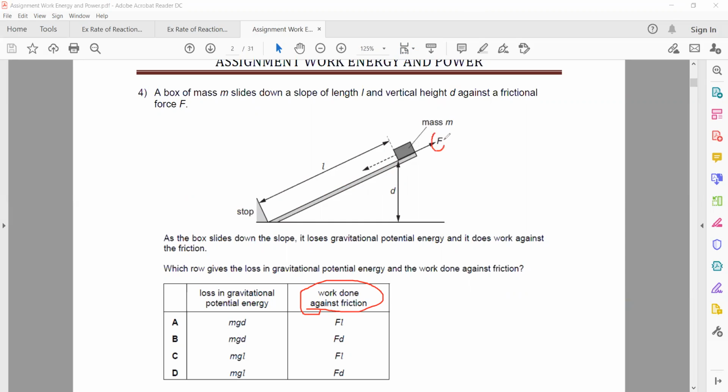The direction in which the frictional force is acting is along the distance L. That's why the work done by the frictional force is F multiplied by L, not F multiplied by D. If a person was lifting, for example, then the work done would be F multiplied by D. Is it clear?